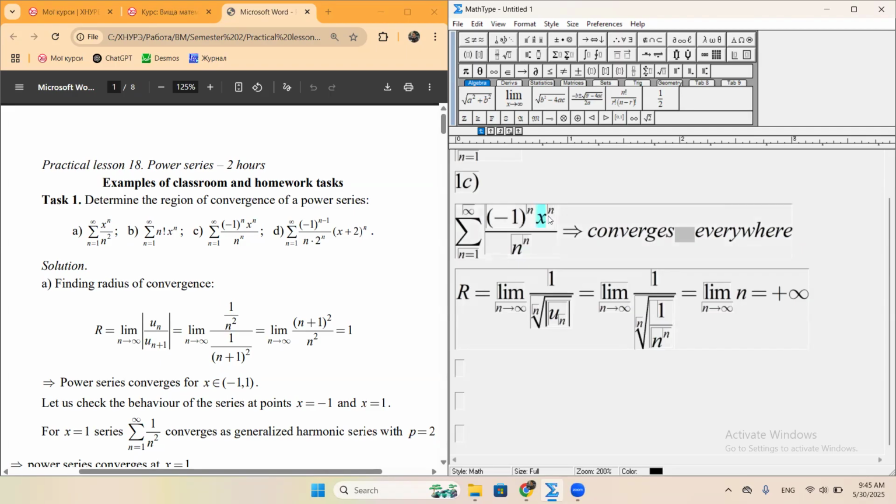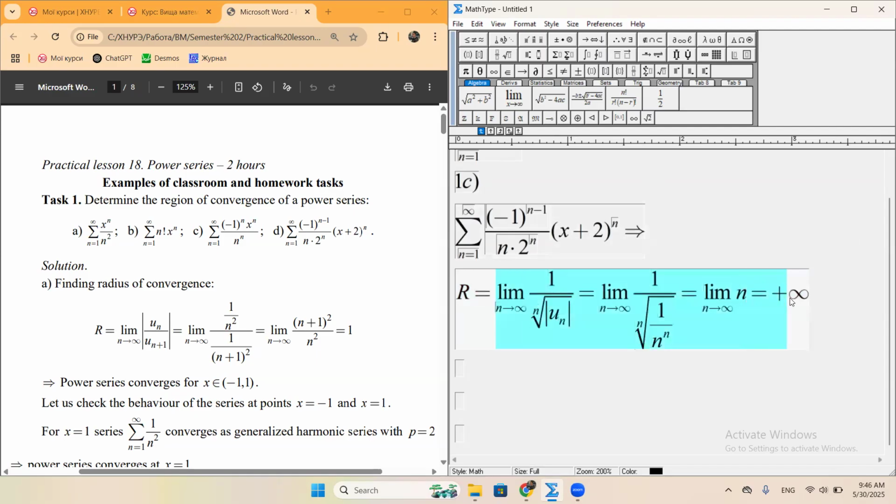So having the following series: n minus power of n minus 1, n multiplied by 2 in power of n, and x plus 2 in power of n. Now we don't know when it converges.